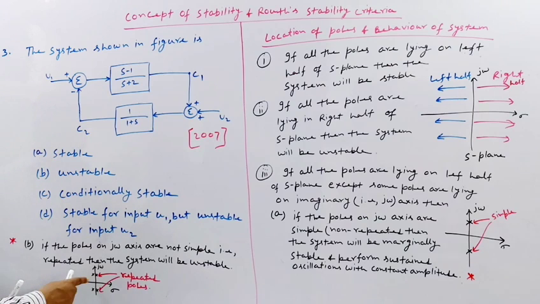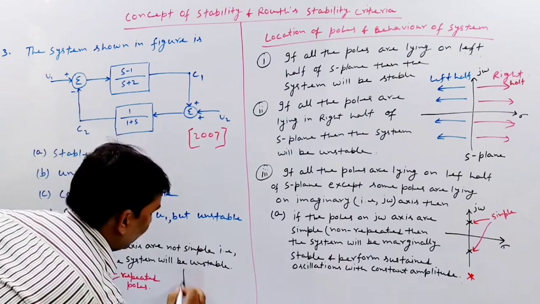For clear visibility I have shown this in left and this in right, so that it could be visible to you that there are two poles at the same place on j omega axis. This is not in left half and this is not in right half. Both are at the same place on j omega axis. Like that here also both the poles are on j omega axis, and so these are repeated poles.